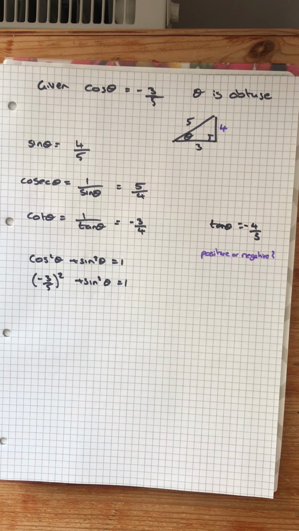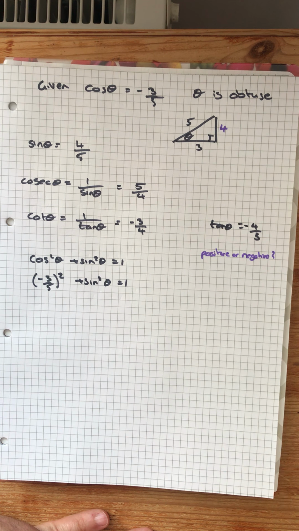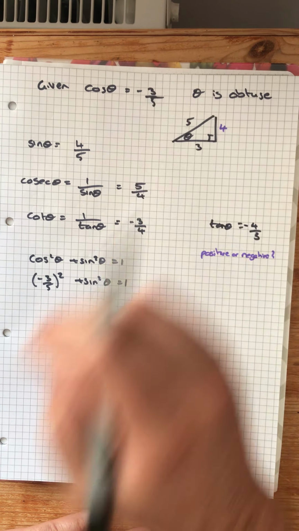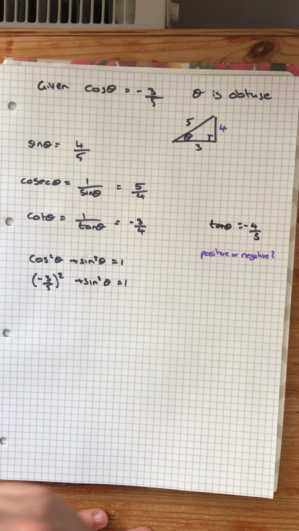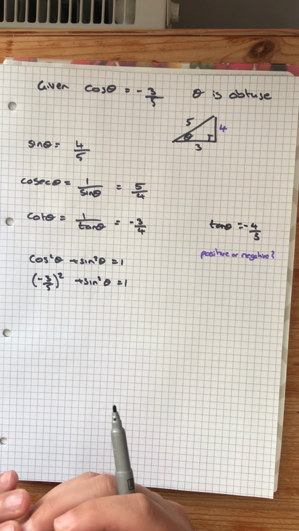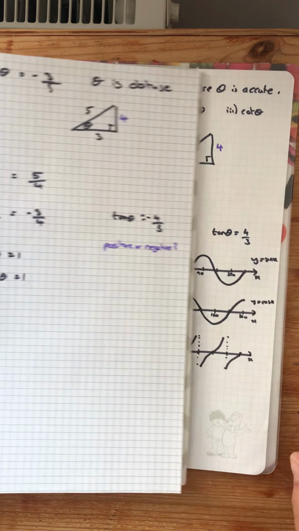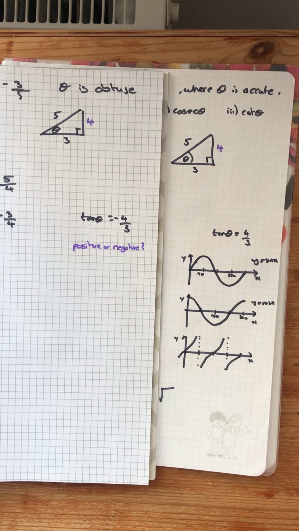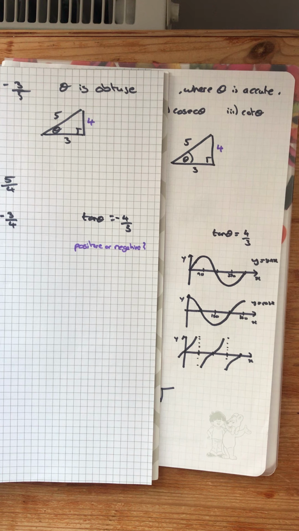So something that people don't always find totally straightforward. I like to just ignore the negative if I have a triangle, and I just draw it as an acute angle and get the ratios, and then I'm sorted with the ratios, and then I just think about my graphs and work out whether the ratio should be positive or negative.